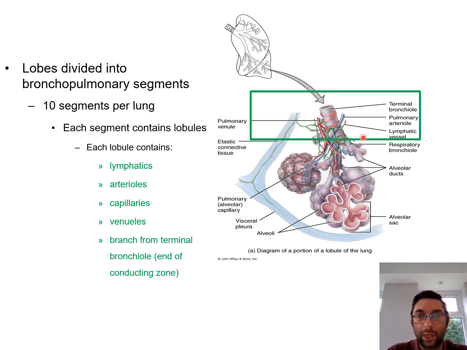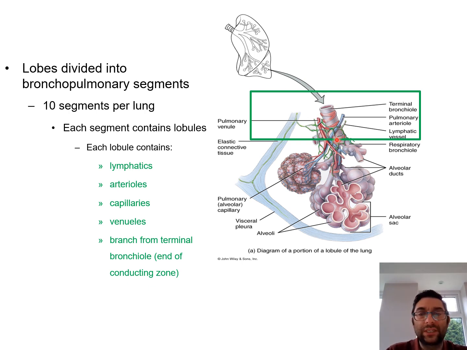They contain pulmonary arterioles, these slightly larger blue vessels, venules, the smaller red ones, and then we've got branches of the terminal bronchioles, which is this bit here, before we get into these structures.